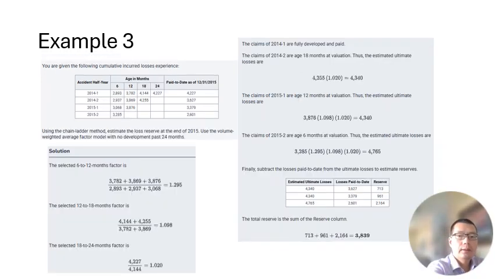Now let's look at the last example. You are given the following cumulative incurred losses experience. Using the chain ladder method, estimate the loss reserve at the end of 2015. Use the volume-weighted average factor model with no development past 24 months.